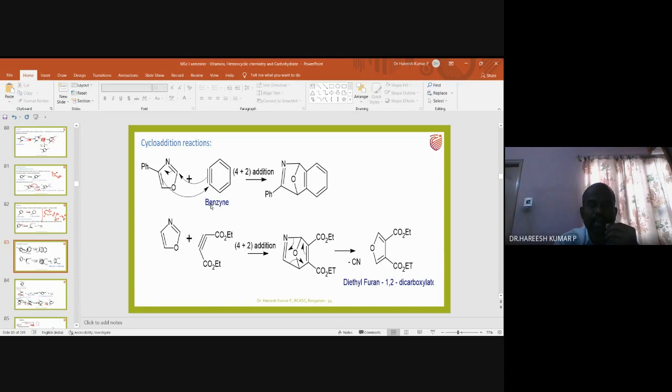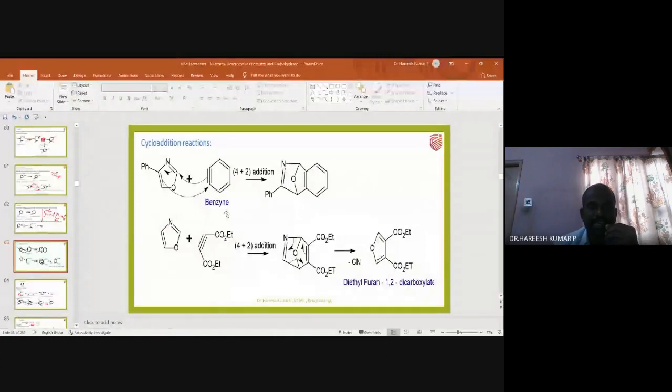Usually a diene means only 2 bonds, that is 6 pi electrons, whereas this one contains 8 pi electrons. I think you are aware of this mechanism, isn't it?